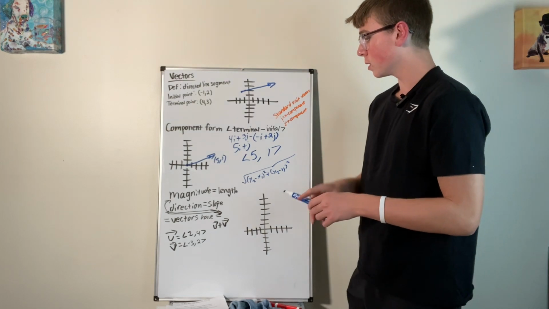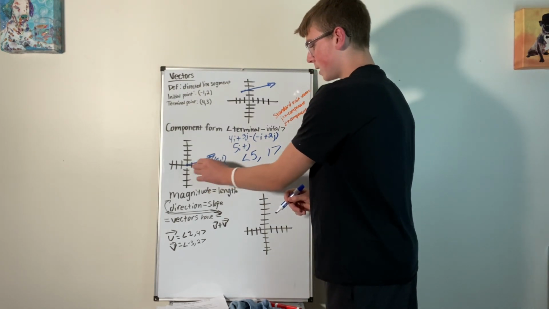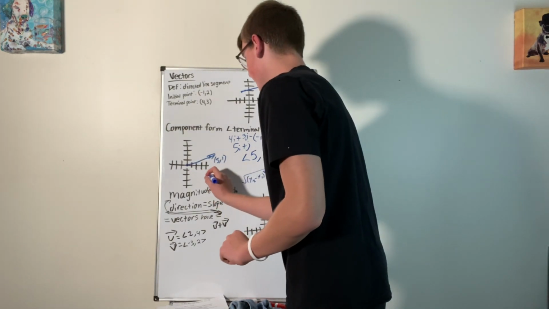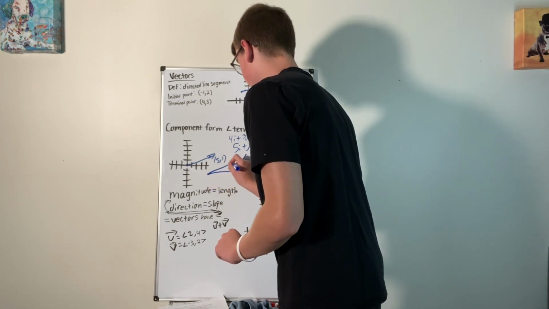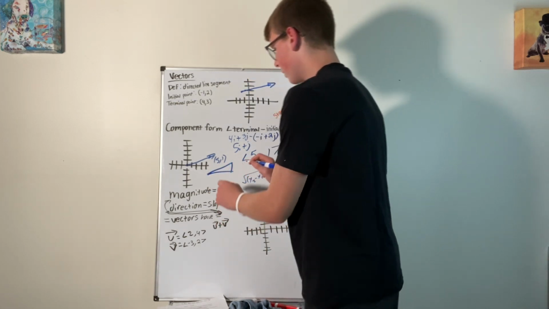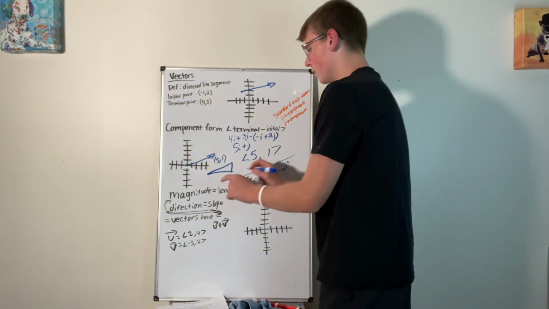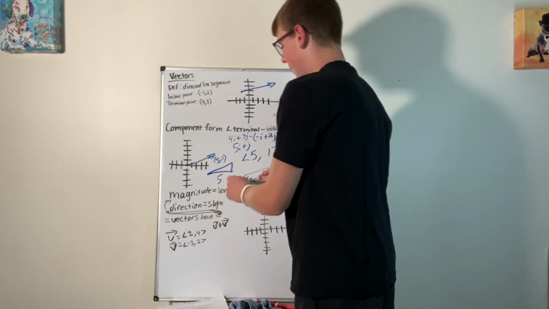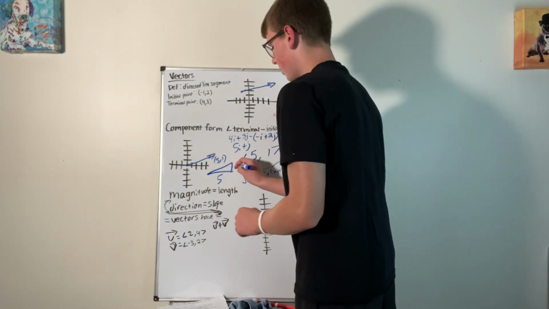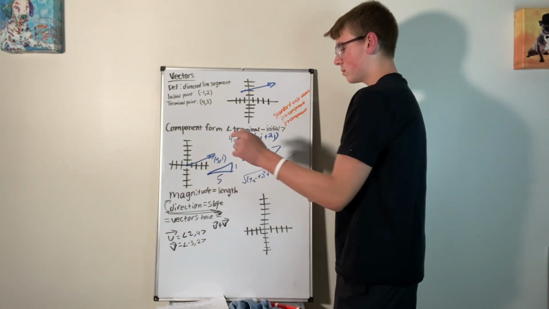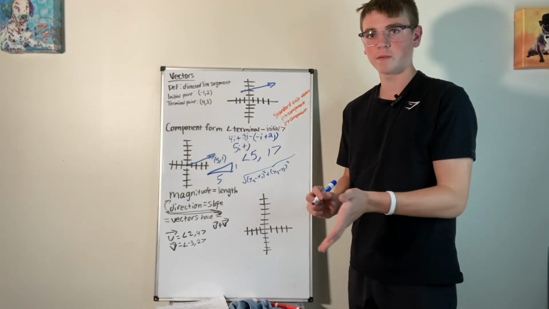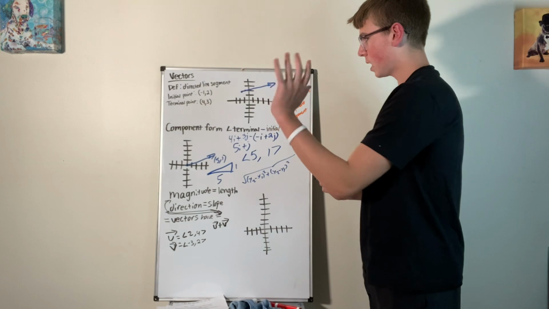You could just say, we have these 2 points, and we know how far this is. So if we just made this into a triangle, we'd have this, this. We know it's 5 over, so this here would be 5. And then we know it's 1 up, so this would be 1. And if you're just finding the distance, that would give you the magnitude of the vector.